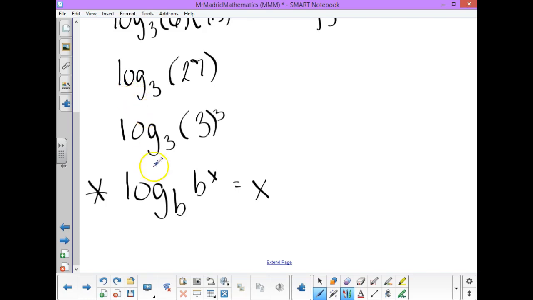Now, as far as simplifying as far as we can go, we're going to apply this formula here. Notice what this says is if you ever have a log base b, and the expression here also has a base b to some exponent, then this portion simply cancels and you're left with x. So if I apply that knowledge in this direction, log base 3 matches with this base, so that's going to cancel, and it'll produce this 3 right there.